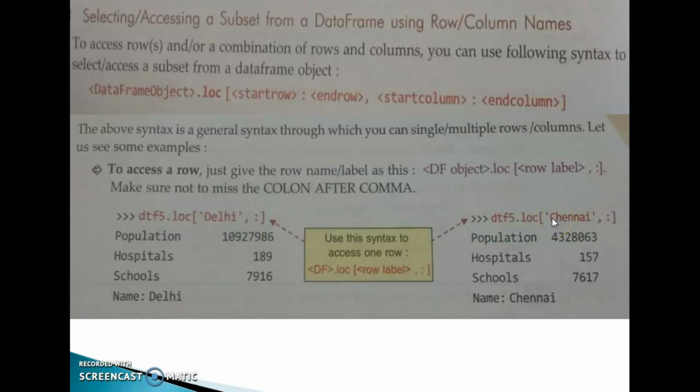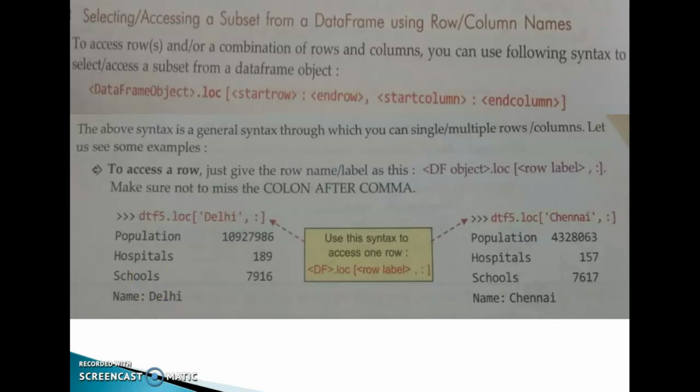These all are rows. We have to specify the row label, then comma, then colon. Then the columns are population, hospitals and schools. That all values we can see. To access a single row we can use this syntax.